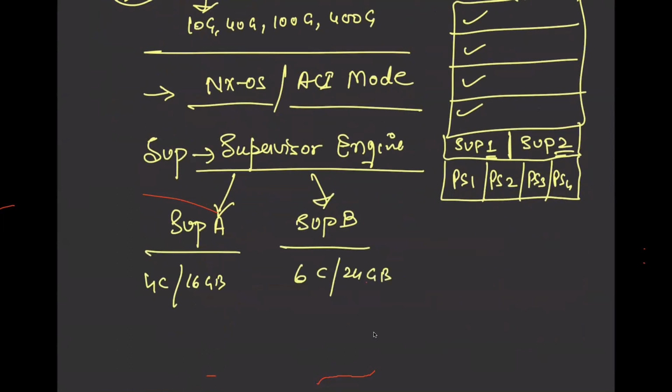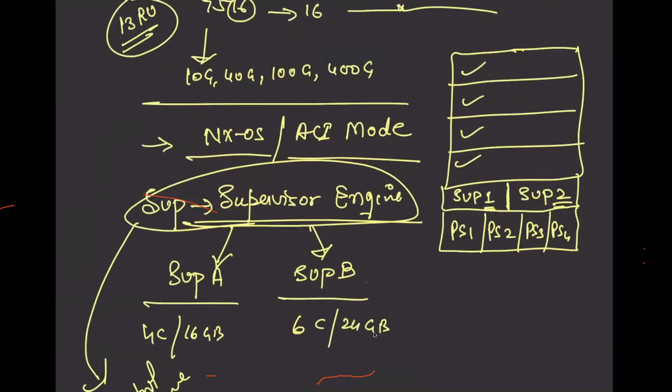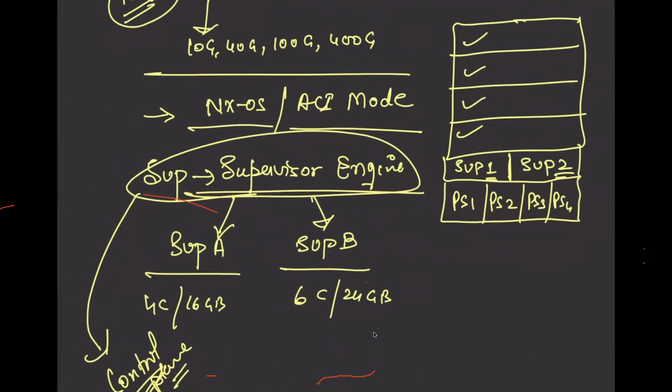If anyone is new to networking, supervisor engines handle your control plane. Basically, it is a CPU handling a lot of control plane applications. Then you have the fabric modules, which are at the back of your chassis, and they provide the capacity to forward traffic from one line card to another.